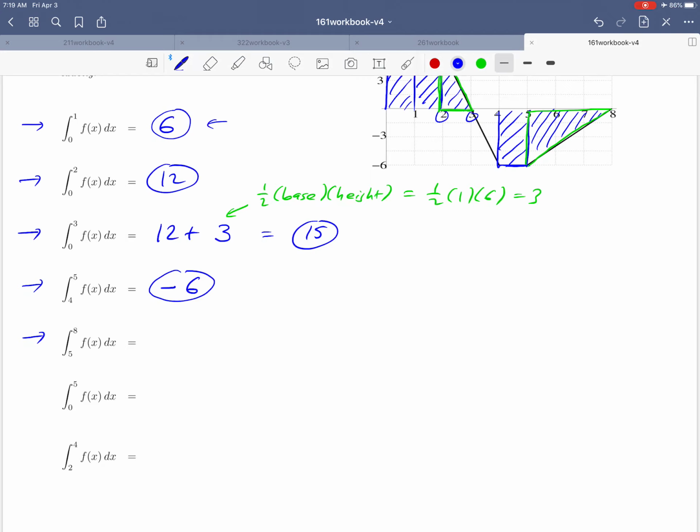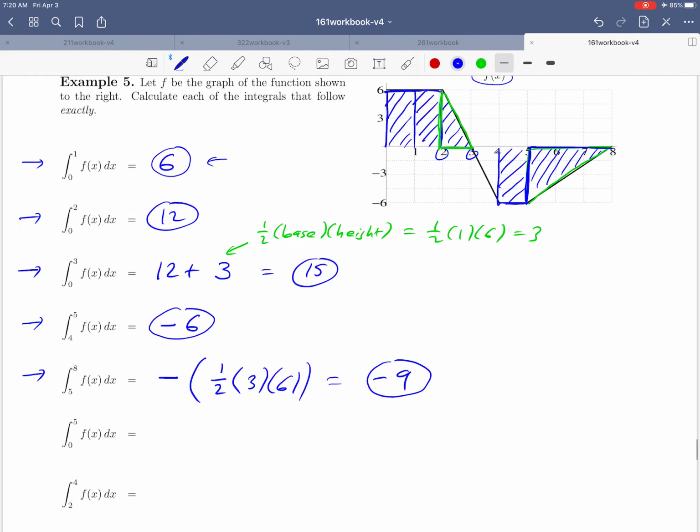That area is below the x-axis, so it should be negative, so let's start by noting that. And then we can use the formula for the area of a triangle, 1/2 times the base. The base of that triangle goes from 5 to 8, that's a distance of 3. And what's the height of that triangle? From here to here looks like a height of 6. So put all that together, we should get minus 1/2 of 6 times 3, so 1/2 of 18 is 9. It looks like we're going to get a negative 9 out of that.